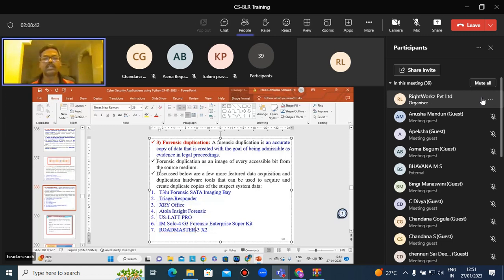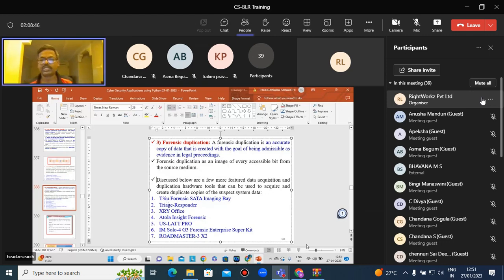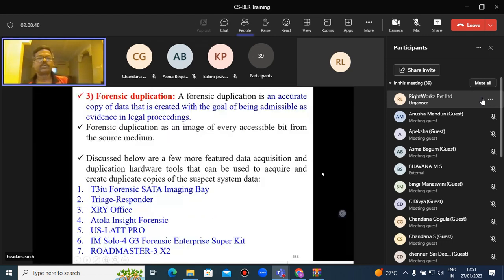So these are the cyber forensic duplication. Discussed below are a few more featured data acquisition and duplication hardware tools that can be used to acquire and create duplicate copies of the business suspect system data.